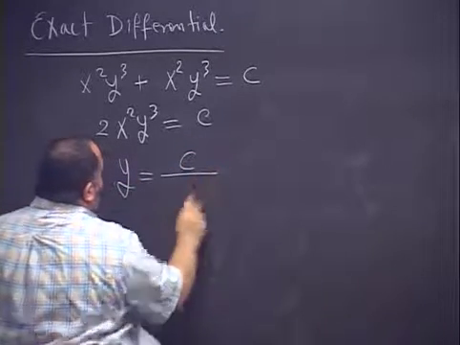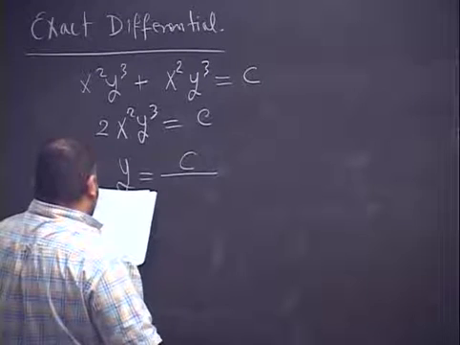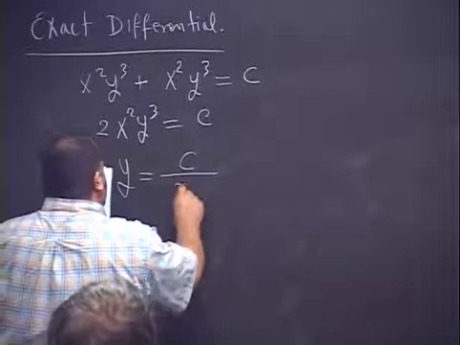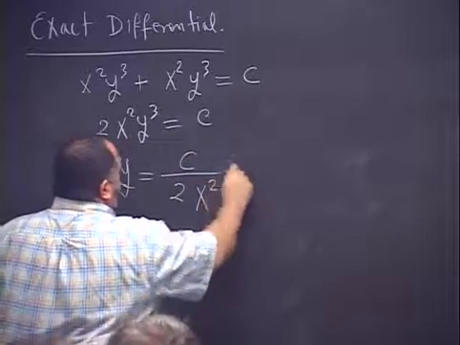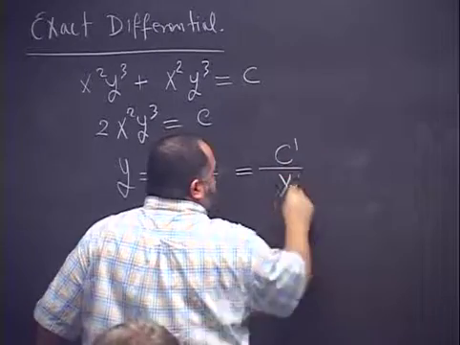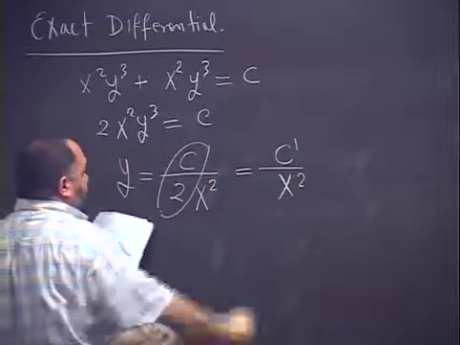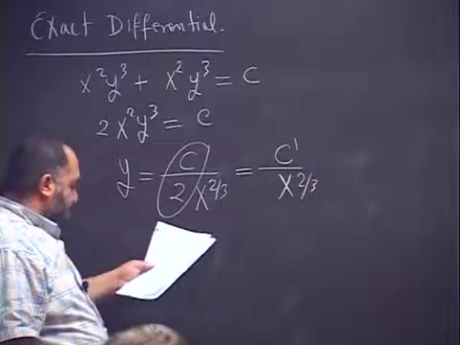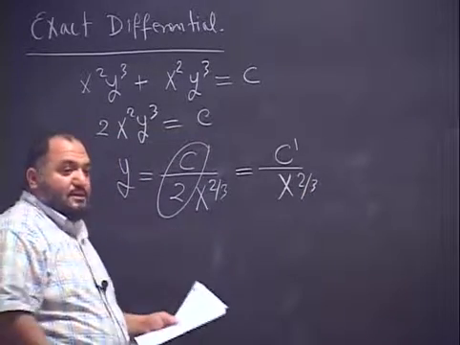C divided by 2x square, but this is a constant, c prime divided by x what? Yes, guys? Because this was what?